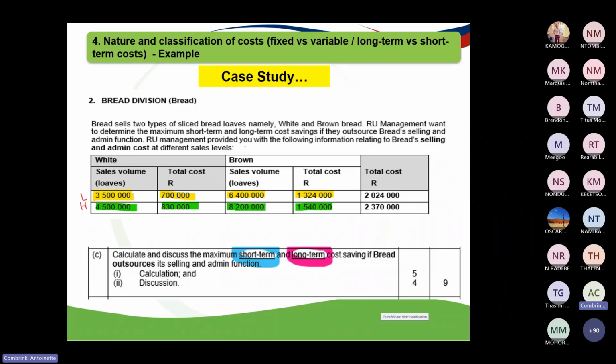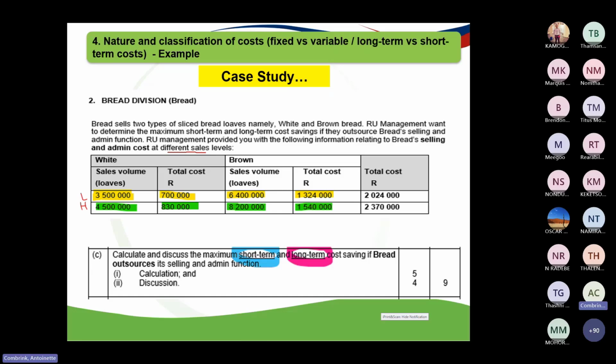They want to know what is the maximum short-term and long-term cost saving if they decide to outsource their selling and admin function. RU Management provided you with this information about the selling and admin cost at different sales levels.